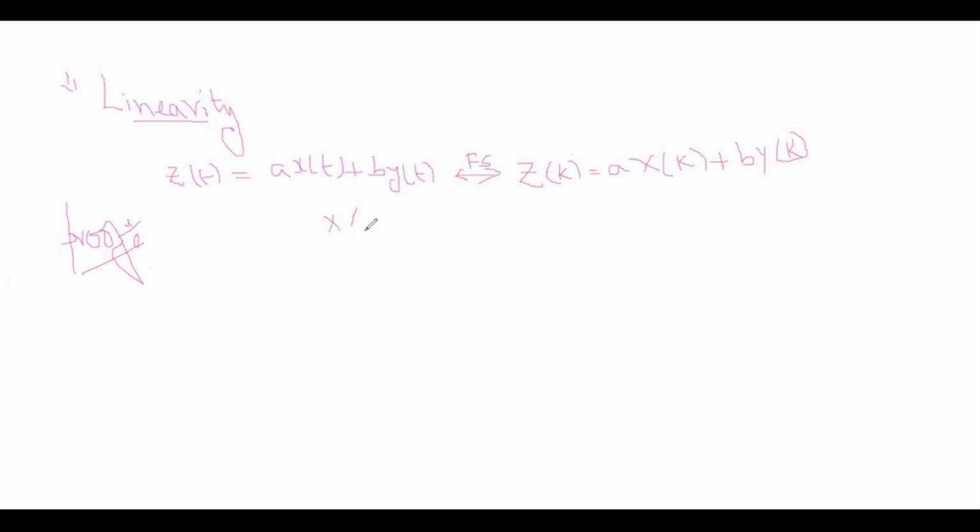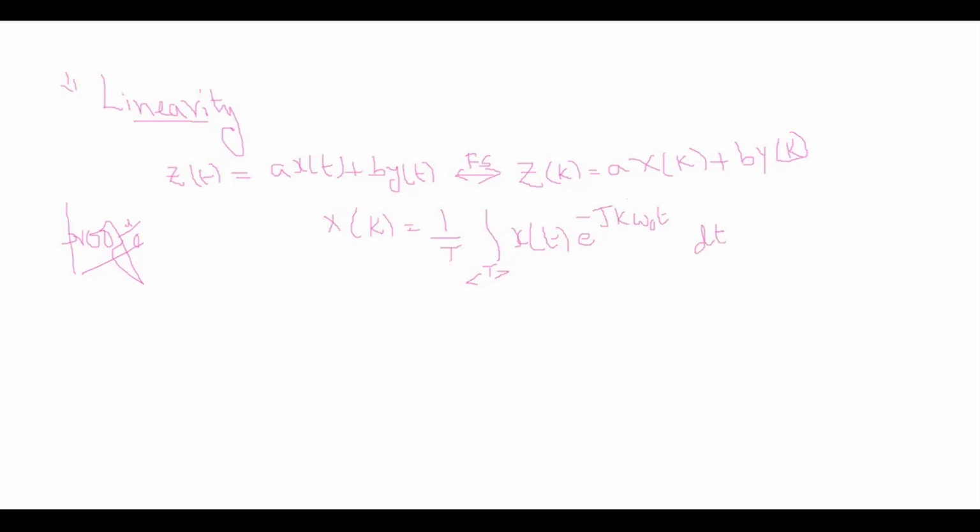We know X of k is equal to the analysis equation of the exponential Fourier series, 1 by T, the integral over T, x of t e power minus j k omega naught t dt.